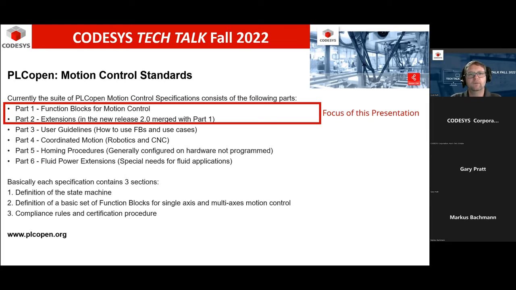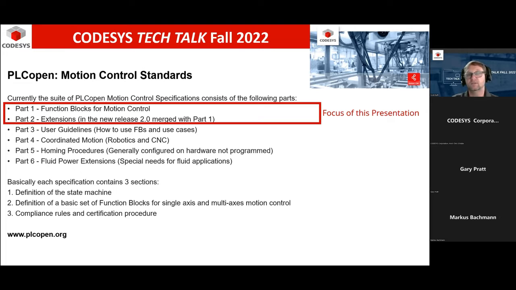Part 3 was more or less, when it got released from PLCopen, how to use the function blocks and use cases. If you've ever gone to the PLCopen website, what they show is a sample, could be a flying shear, pick and place, a roll handling system, or mainly a rewinder, a web system, maybe registration.